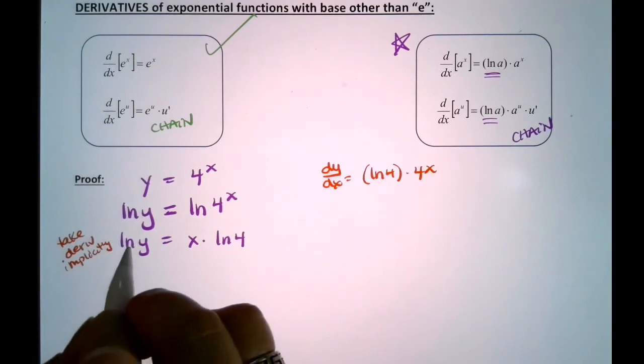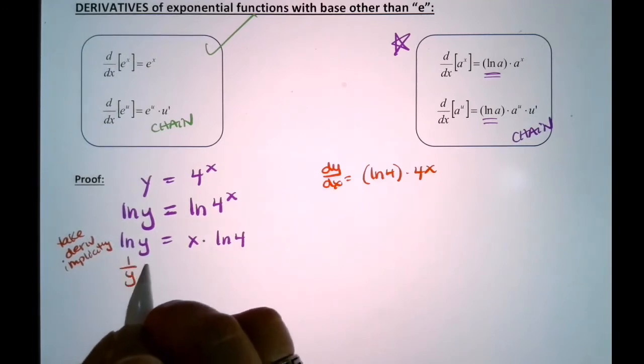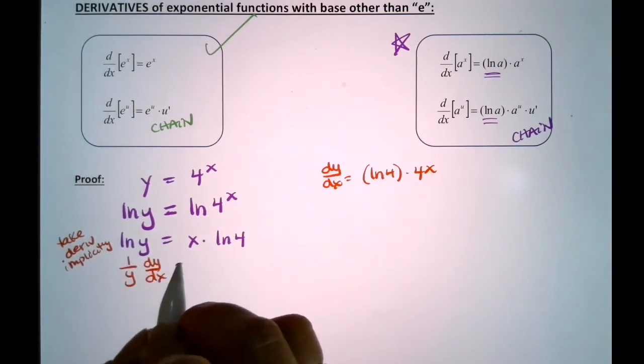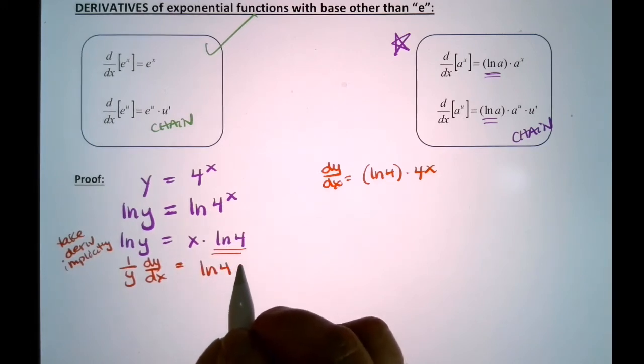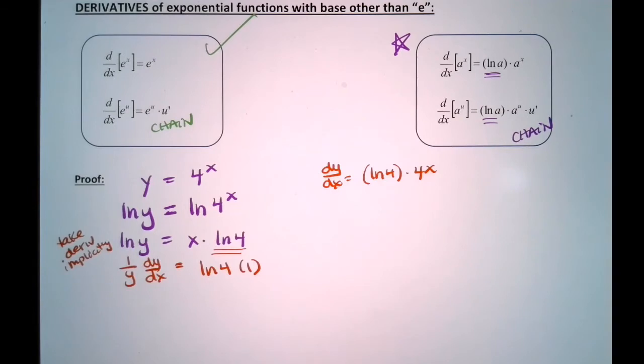The derivative of the natural log of y is 1 over y, and then you slap a dy/dx on it, because that's what you do with implicit differentiation. Variables don't match. Over here, you have x times a number. Remember that this is a number. So the derivative of x is 1, and this number just comes along for the ride.